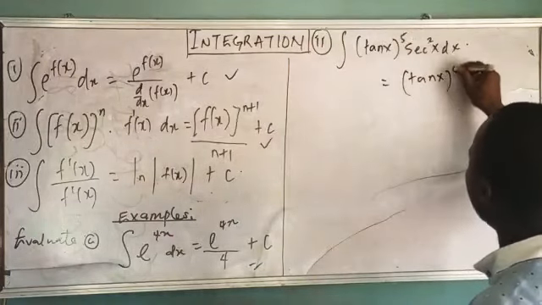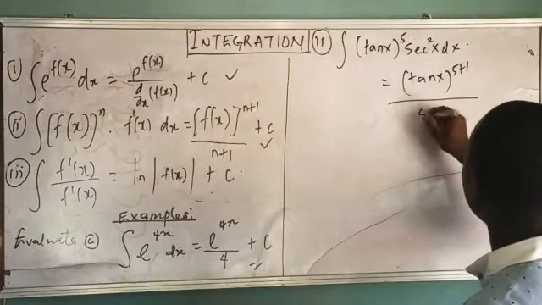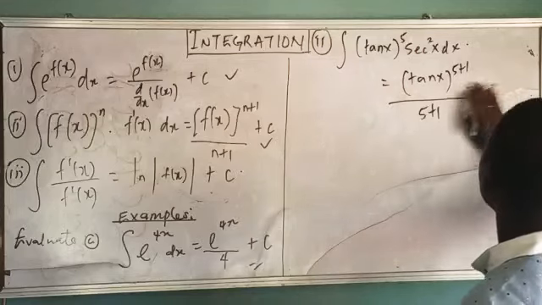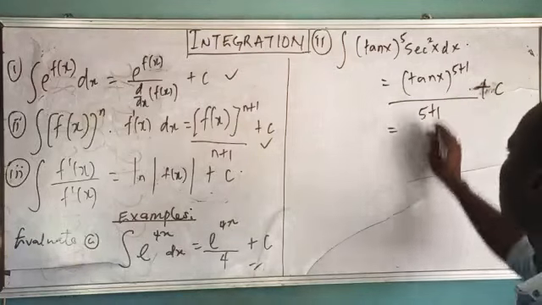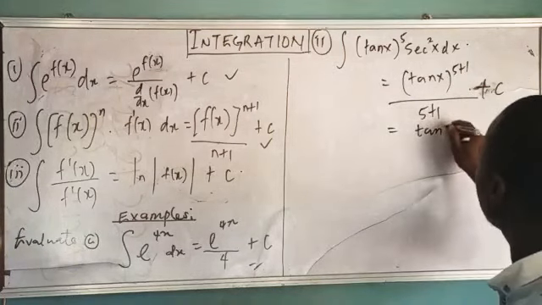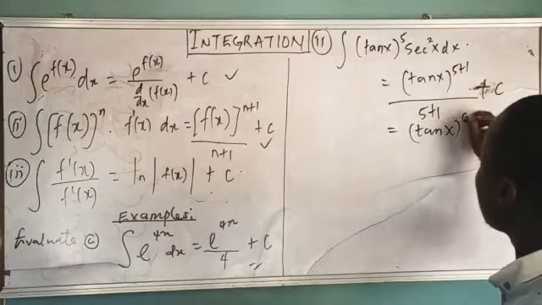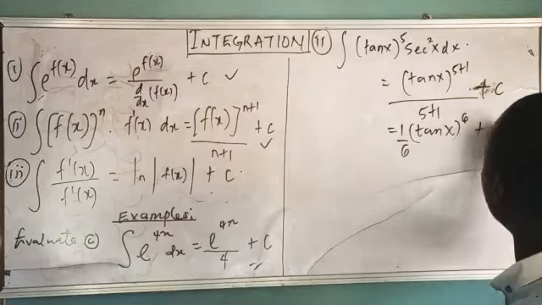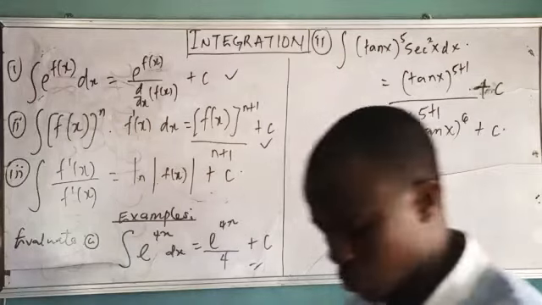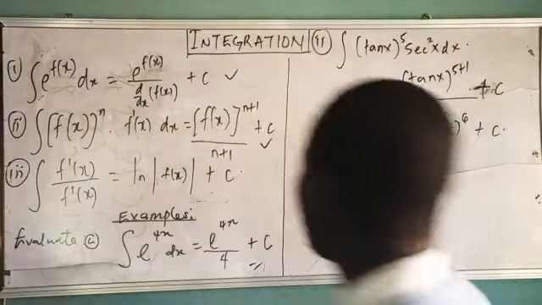What is our n? 5. So 5 plus 1 over 5 plus 1, plus c, our constant of integration. Automatically we have tan x to the power 6 over 6 plus c. That is the solution. Are you getting what I'm doing?